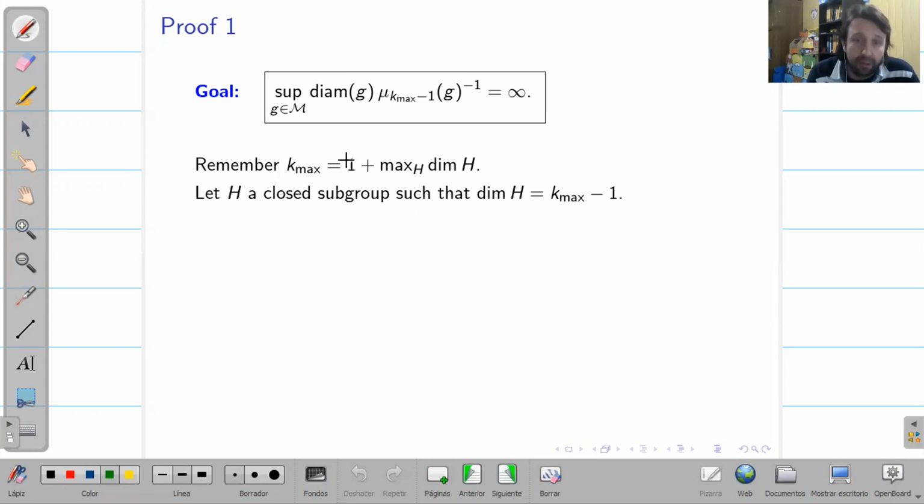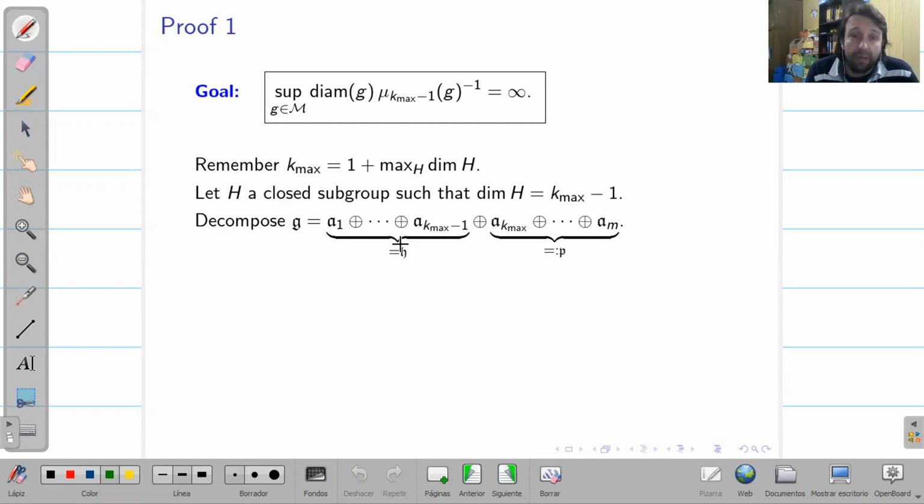Because of the definition of Kmax, of course, there exists a closed subgroup of dimension Kmax minus 1, because put the minus 1 there, and this maximum is realized in some H. Decompose G as H plus something, any complement, and each of these subspaces decomposes in one dimension subspaces in any way, right?